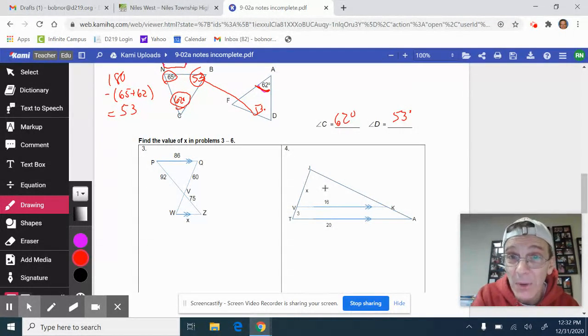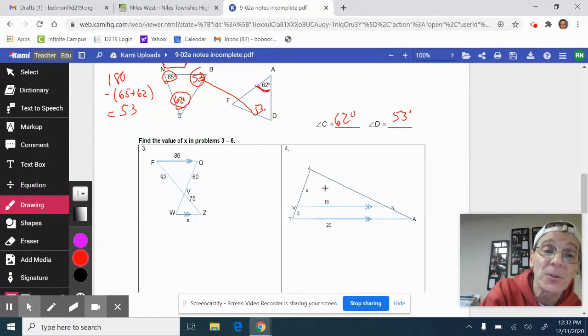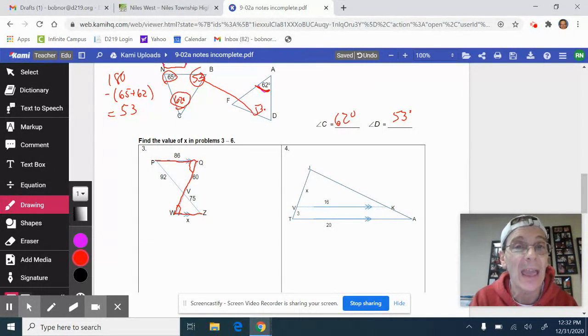You see the parallel line marks in this figure? Remember what that means? When you have a transversal like this one connecting two parallel lines marked by the arrows there, that means these angles here, we have a name for them, they're called alternate interior angles. We didn't quiz or test you on that last semester, but you might remember that phrase.